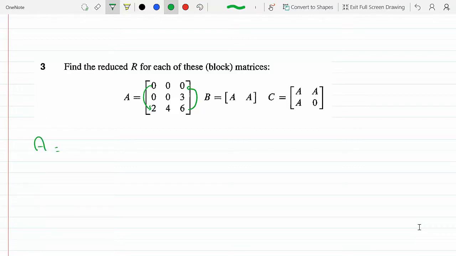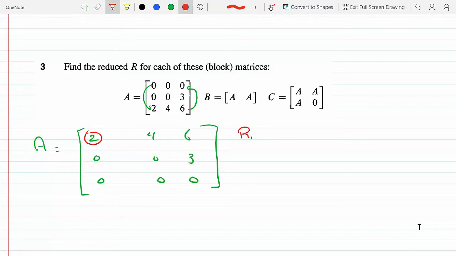So then I would get 2, 4, 6, 0, 0, 3, and 0, 0, 0. Clearly this needs to be a 1, so I would have to divide row 1, or multiply it by half.